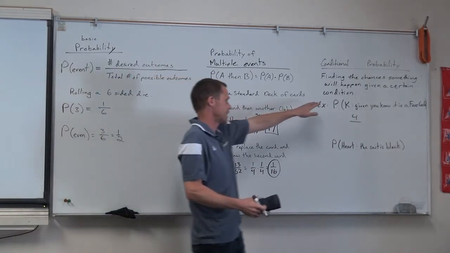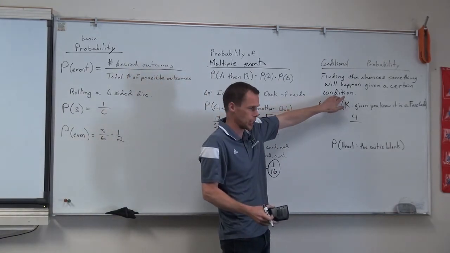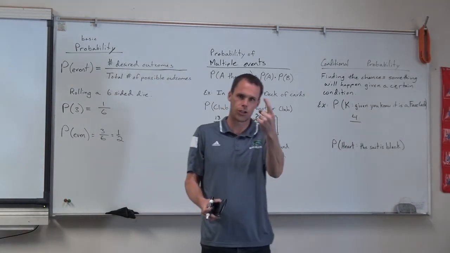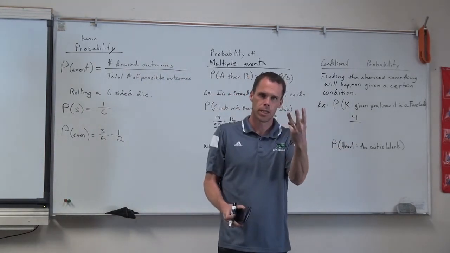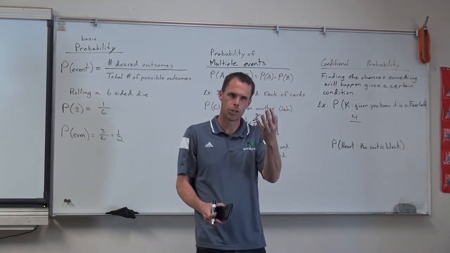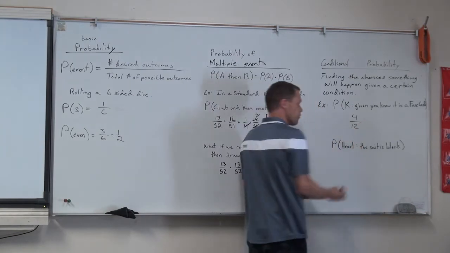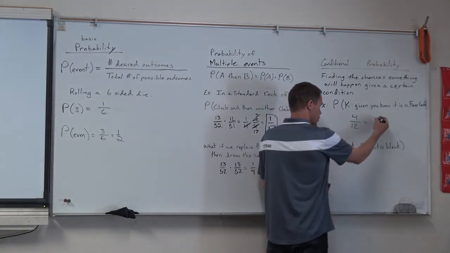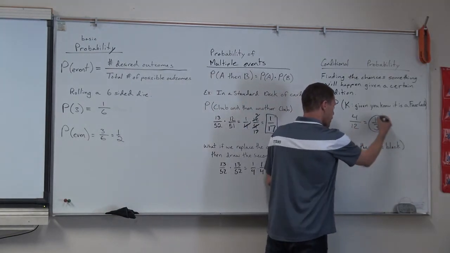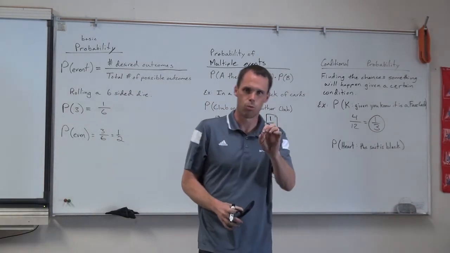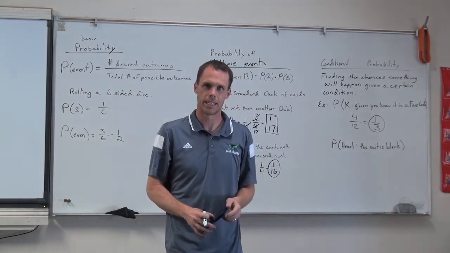I have affected, with this condition, the total possible outcomes. Well, there are 3 face cards, Jack, Queen, and King, in each of the 4 suits. 3 times 4 is 12. So I only have 12 possibilities. This reduces to 1/3. If someone tells me it's a face card, now I have a 1 in 3 chance that it is a king.